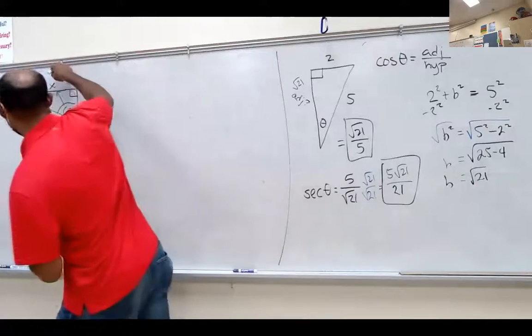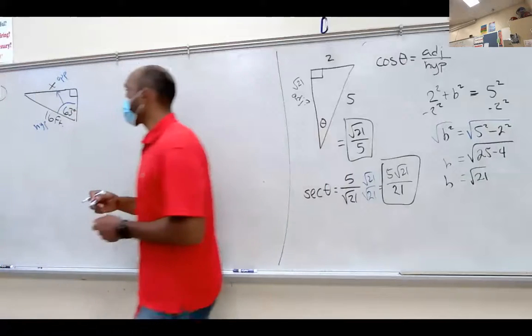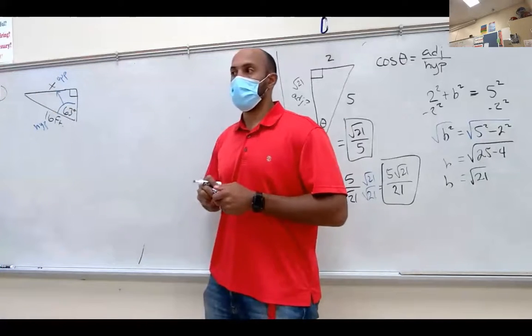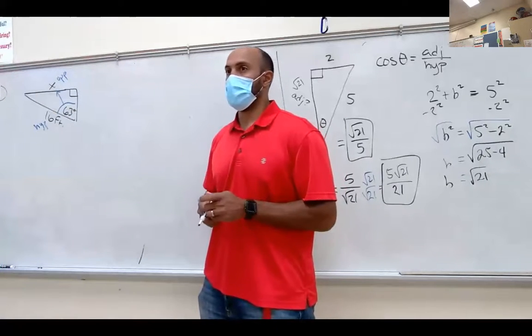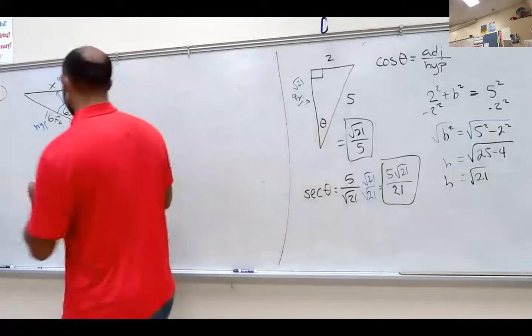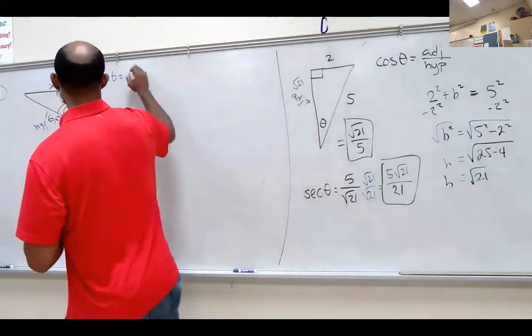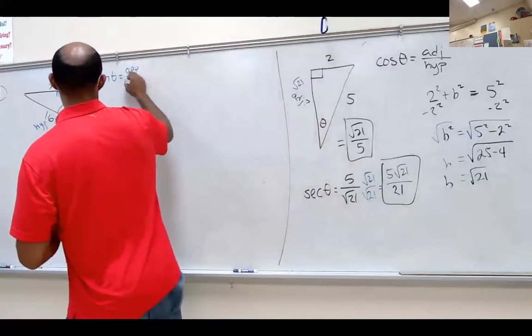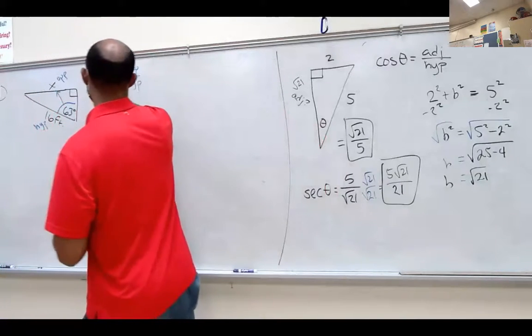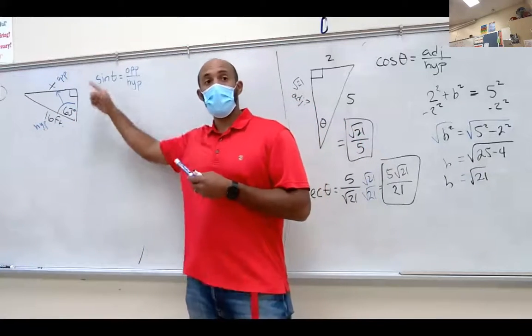So if I have the opposite and the hypotenuse, which function am I going to use? Which one has the opposite? Sine. So sine of an angle is opposite over hypotenuse. So SOH. That's what I'm going to use to look for that missing side.